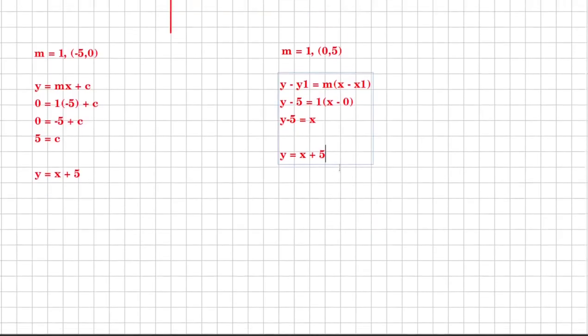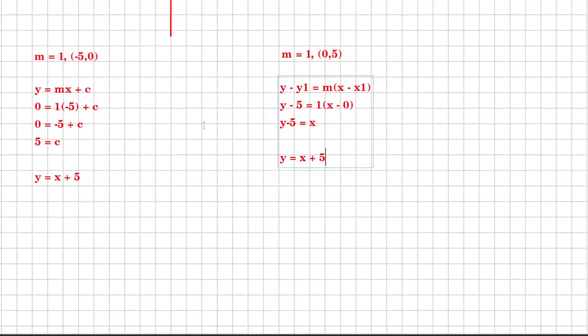And basically that's how you find the equation of a straight line. You're either going to use y equals mx plus c, where you substitute y and also substitute m and x, then find the value of c, and then substitute the value of c back into this one, whereby you also have to substitute the value of m.